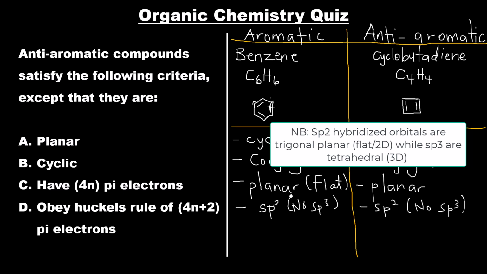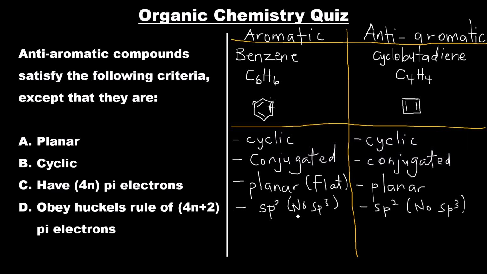It will not be flat. It will have 3 dimensions. So that's why this rule is so important. Now the last rule we have to check has to do with Huckel's rule. And what Huckel's rule says for the aromatic compound is that there are 4n plus 2 pi electrons.